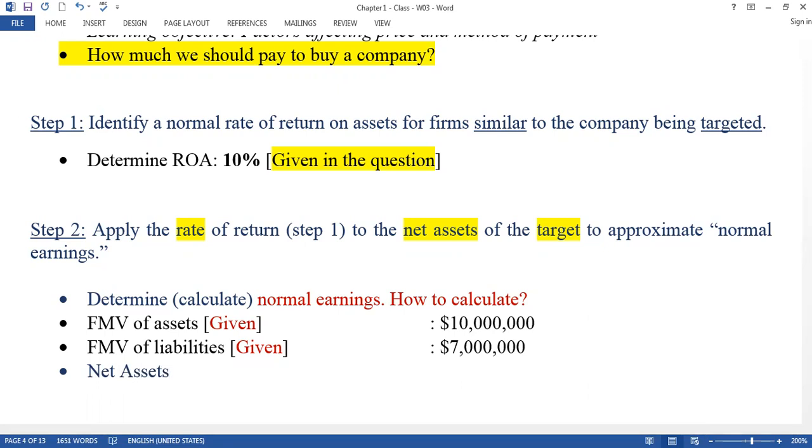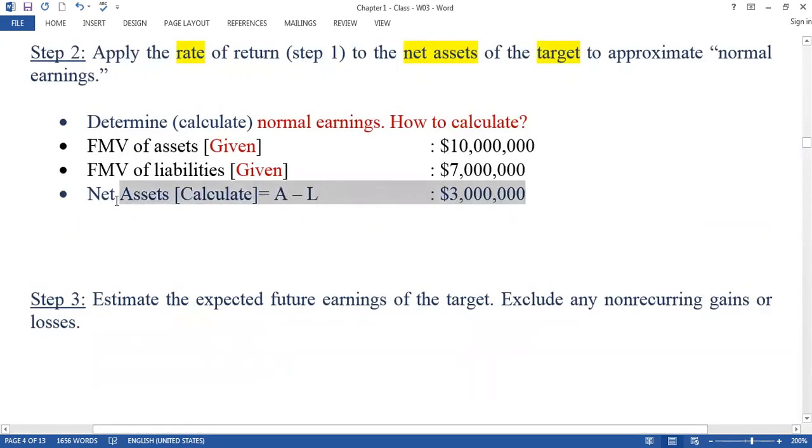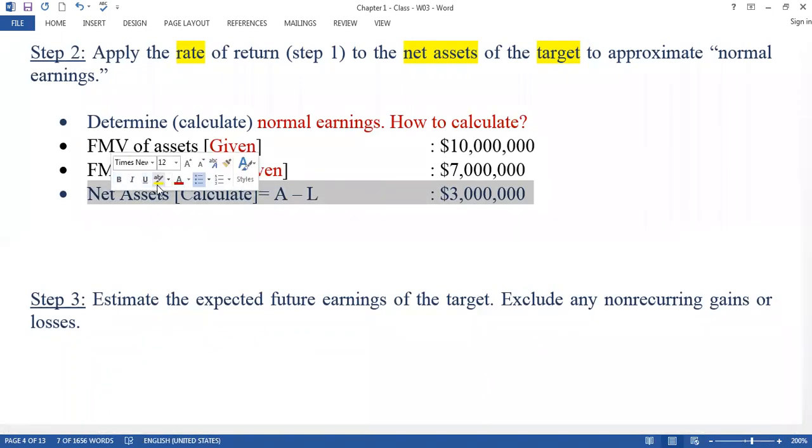And I already taught you how to calculate this, right? A minus L. So here it is $3 million. So this is very, very important, the net asset.